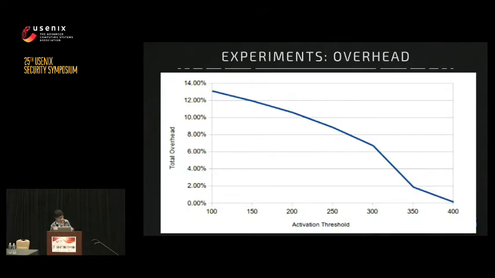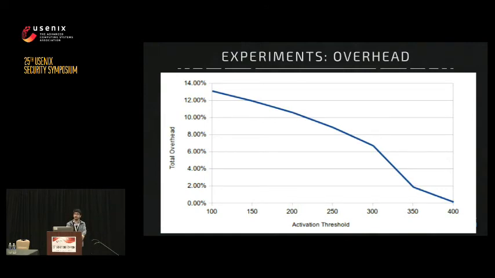Then another experiment that we did is to measure the overhead of our system by changing the activation threshold. That is the threshold in charge of activating the second component, which performs the checks for possible spraying attempts.